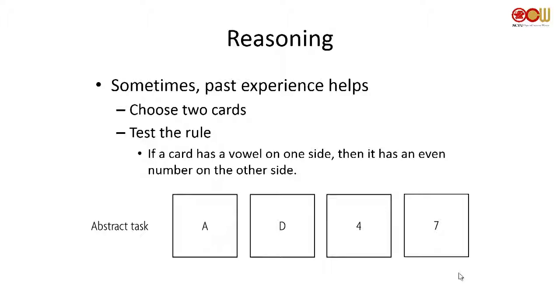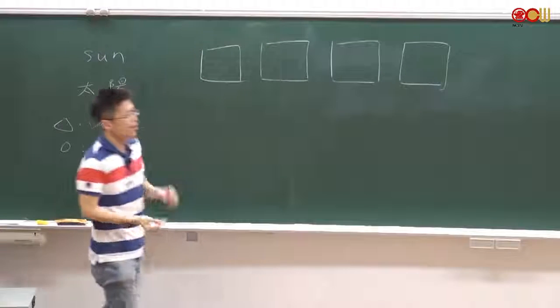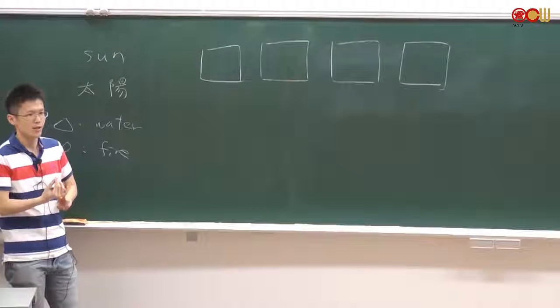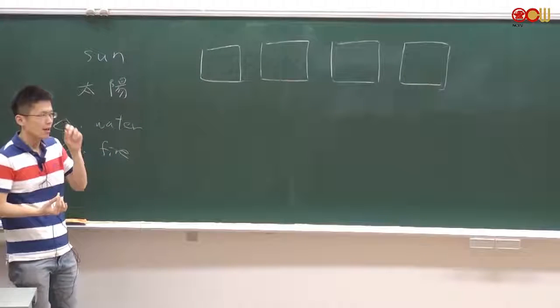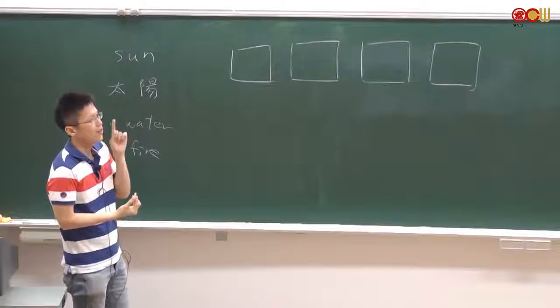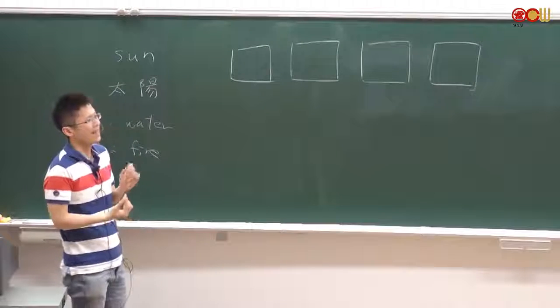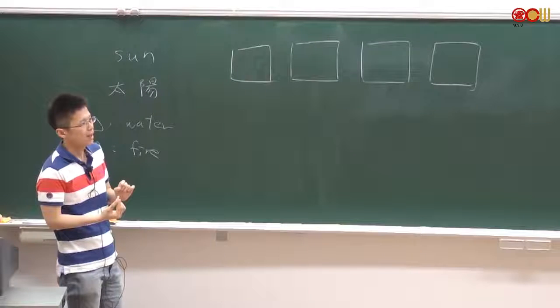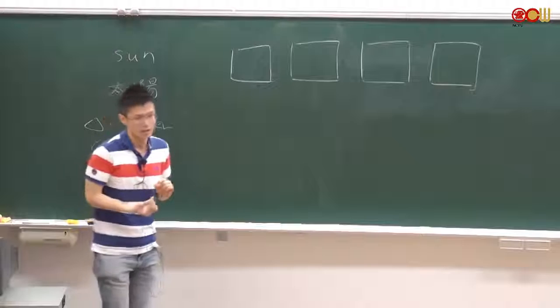There are 4 cards, and there's one letter on one side and a digit on the other side. The rule is, if a card has a vowel on one side, then it has to be an even number on the other side.